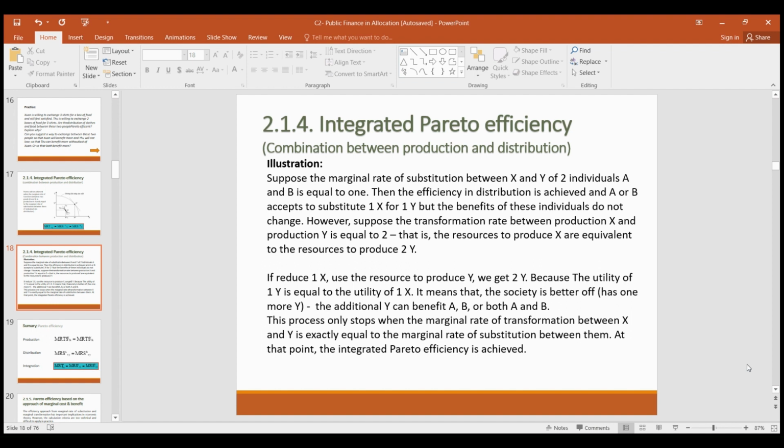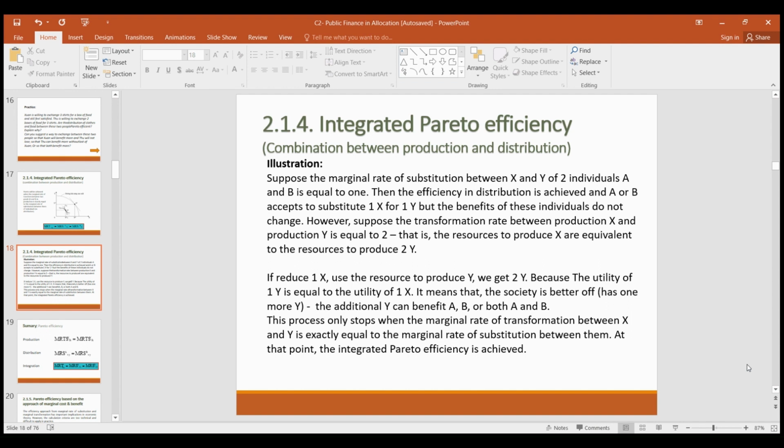By visual perception, it can also be seen that society is wasting resources by producing too many X because the value of 1 X is equivalent to 1 Y, but the resources used are twice as much. If 1 X is reduced and the resources are used to produce Y instead, then 2 Y are produced.